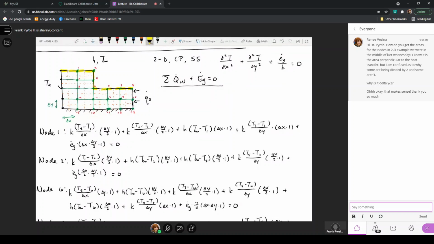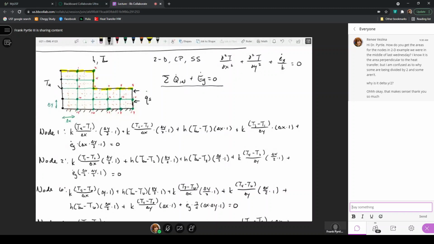So if you were asked, what is the heat transfer rate out, or let's say through this upper surface, then I know that heat transfer by convection is occurring along this entire surface, and I've segmented the surface so that I've calculated these average temperatures that occur across each of these lengths.